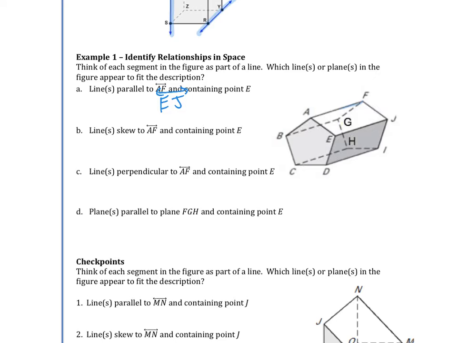Okay, part B. Which line is skew to AF containing point E? Skew means it doesn't cross but is not parallel. That would be ED, because it clearly will never cross it the way those lines are going, but they're also not parallel.